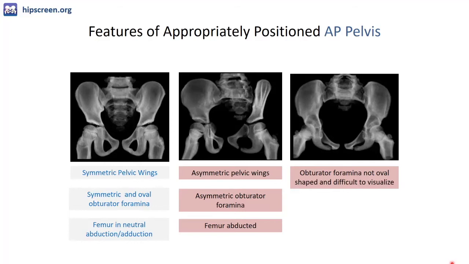This has created a view that shows the pelvic inlet very well, but notice that the hip landmarks are poorly seen. And also, notice that the obturator foramina are not oval and are hard to see. This is one of the tip-offs that the child has hip flexion contractures that were not properly accommodated for.